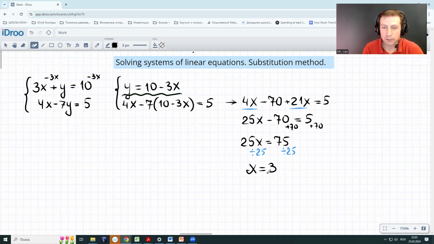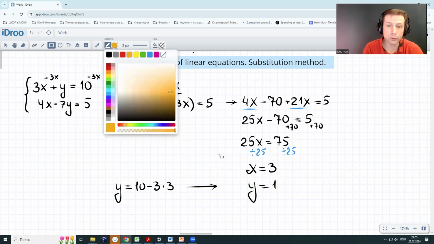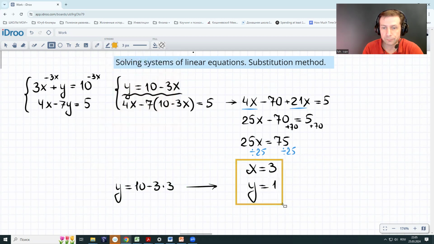So let's substitute x again into the first one, and we get y equals 10 minus 3 times 3, which is 10 minus 9. Obviously, y equals 1. This is the solution, okay? We've got it.